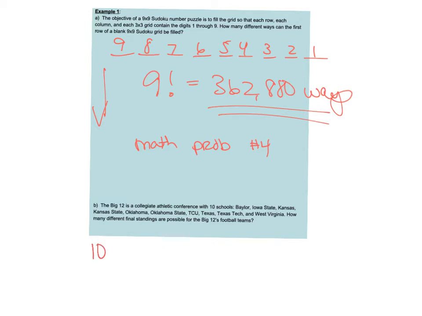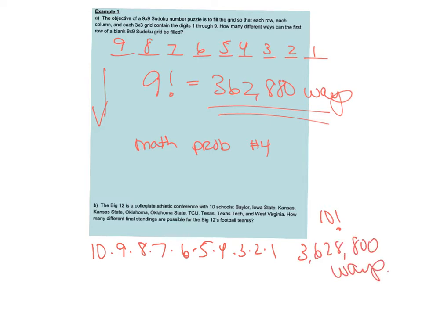That would leave any of 9 in second place. 8 of them have a shot at third place. Then 7, 6, 5, 4, 3, 2, and 1. So really this is 10 factorial, and that is 3,628,800 different ways for that to happen.